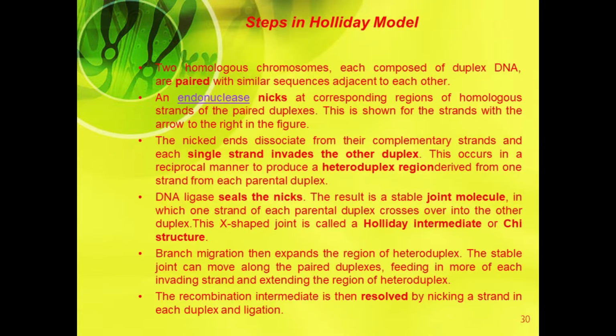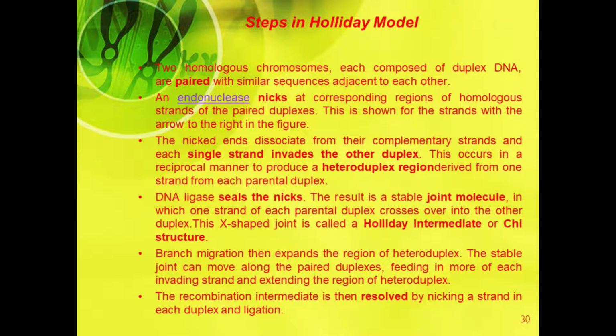The steps in the Holliday model are illustrated in this figure. Here, two homologous chromosomes, each composed of duplex DNA, are paired with similar sequences adjacent to each other. An endonuclease nicks at corresponding regions of homologous strands of the paired duplexes, and this is shown for the strands with the arrow to the right in this figure.